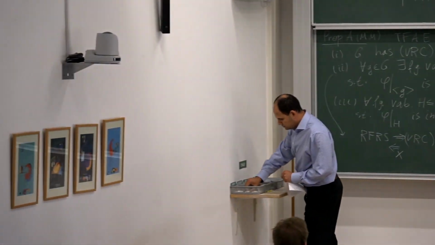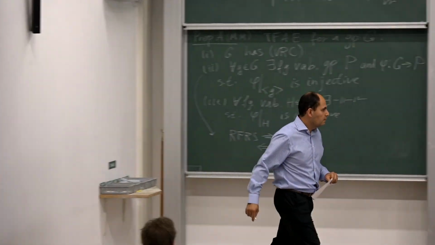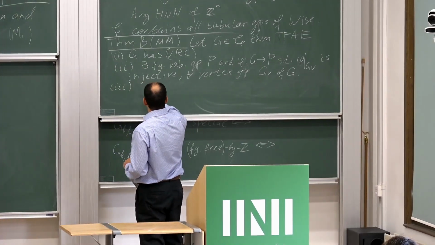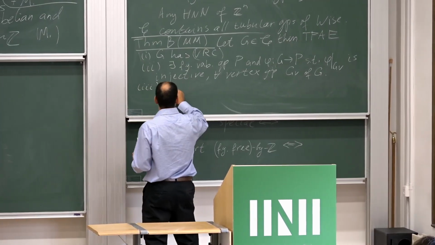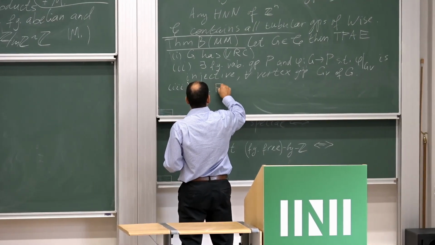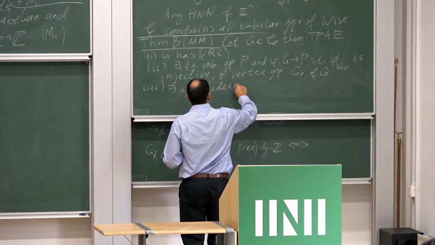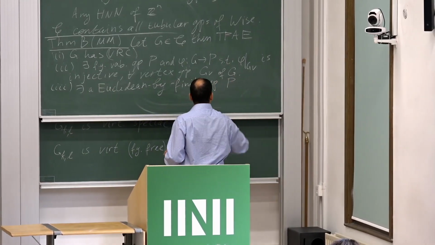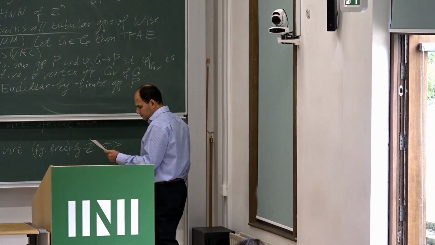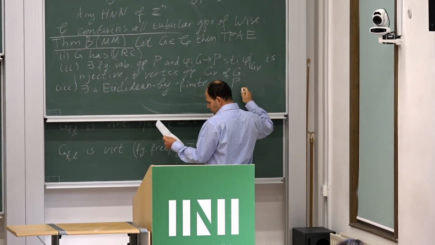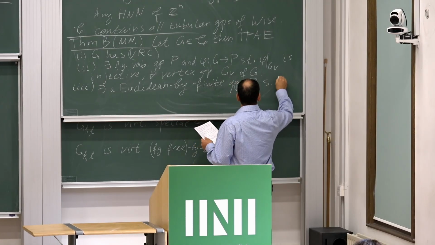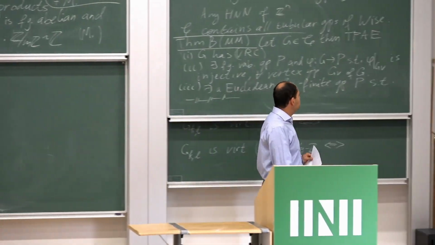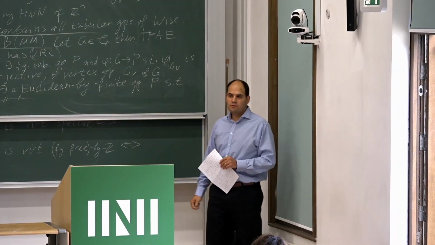So, the same thing: there exists a Euclidean bifinite group P such that this holds. The same conclusion: there is a homomorphism from G to P, injective on every vertex group.